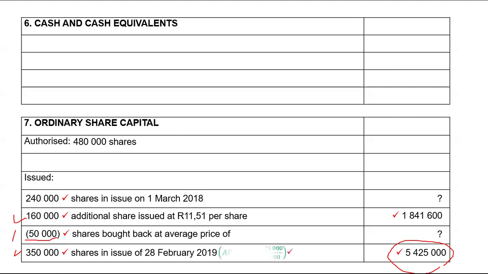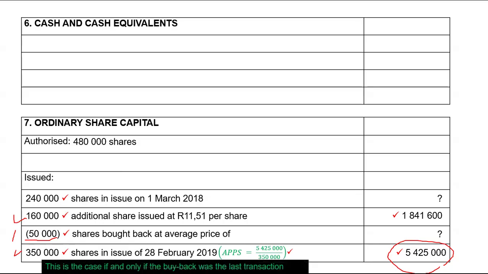It'll give me my APPS. Those APPS will be the same as the average price per share when the shares were bought back. But this only works out if the last transaction was the buyback of shares. Obviously, it'll give me APPS of 15.50.